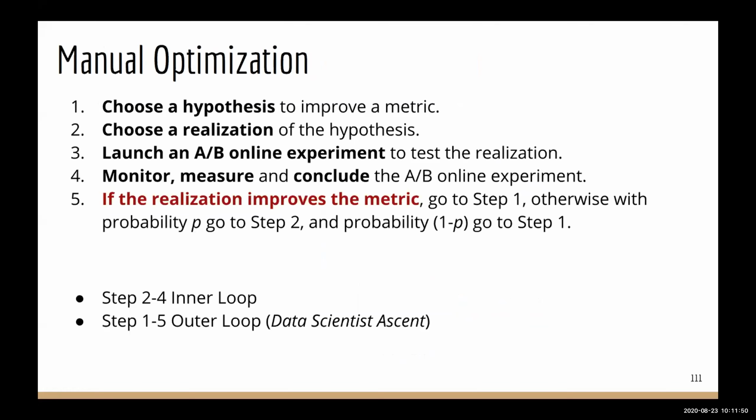The realization is, in this particular A/B test, because you need a control and treatment, in a typical way you say, okay, I tested one color, right? And if that fails, if that doesn't improve your metric, you test another color, right? The different color is one realization. So this is one example of a realization of the hypothesis.